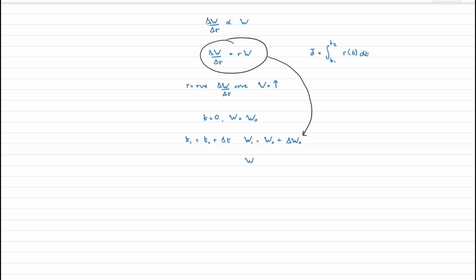That means W1 is equal to W naught plus delta T times R W naught. And if we just factorize W naught out, we have W naught (1 plus R delta T) as the value of W1.